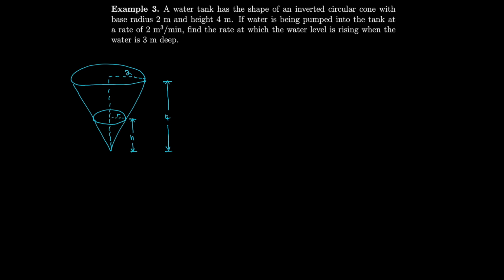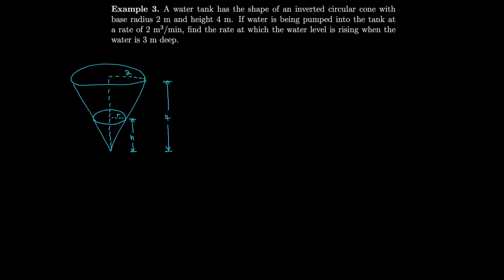Notice that we can leave 4 and 2 plugged in right from the get-go because the tank shape does not change, it's constant. But this water level keeps moving up or down, depending on if water's being pumped in or whatever. So for us, water is being pumped in, so it's just going to rise, but that water level is variable. So even though we want to know what it is when it's 3 meters deep, we have to first treat it as a variable and then plug in the 3 after we differentiate.